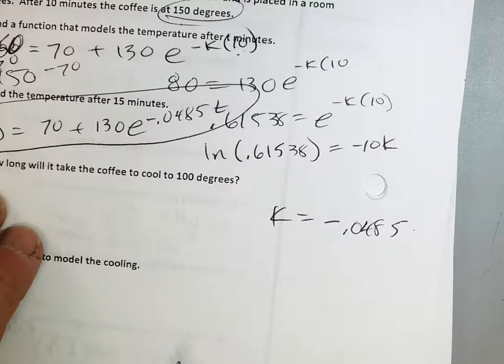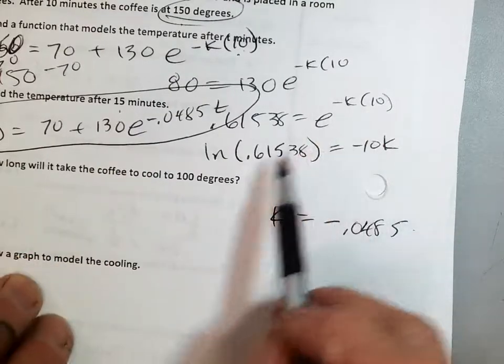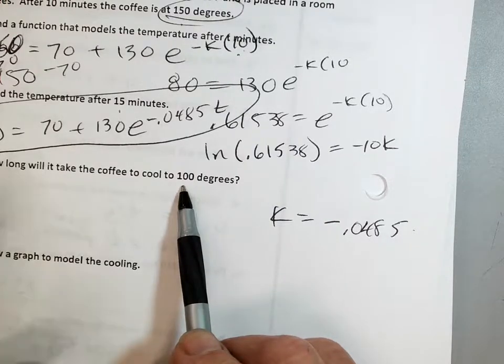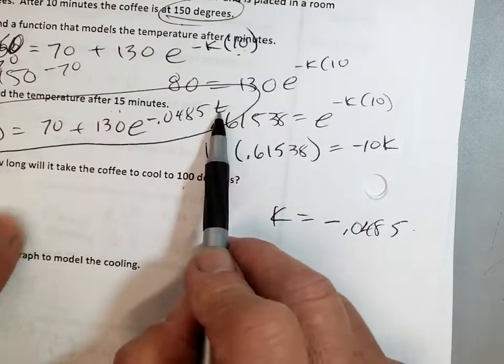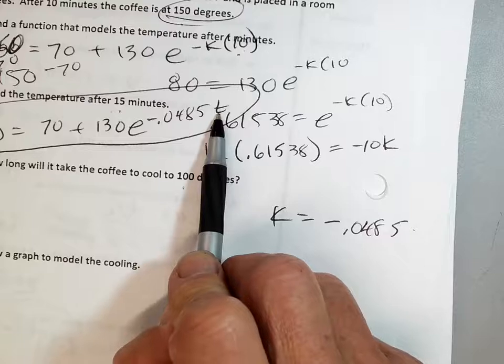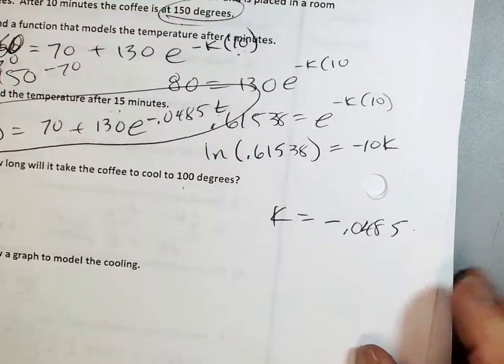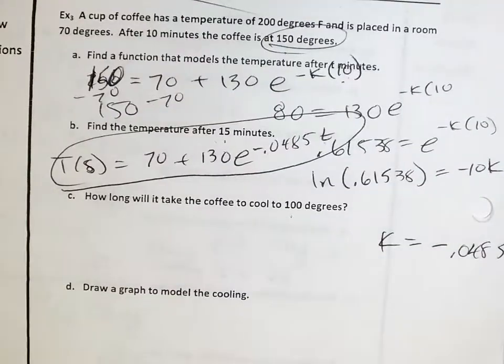How long will it take to cool to 100 degrees? Plug 100 degrees in, for 100. And the 15, you plug the 15 in to get this, right? So for the 15 minutes, plug the 15 in here and let our calculator do the work, right?